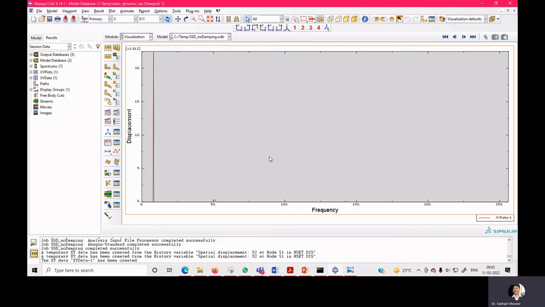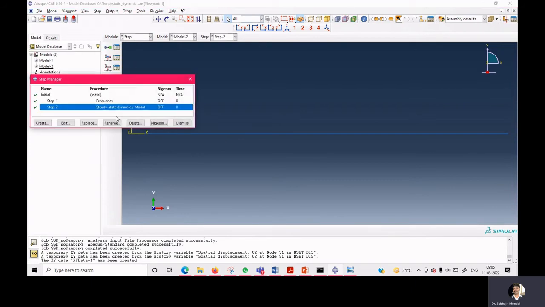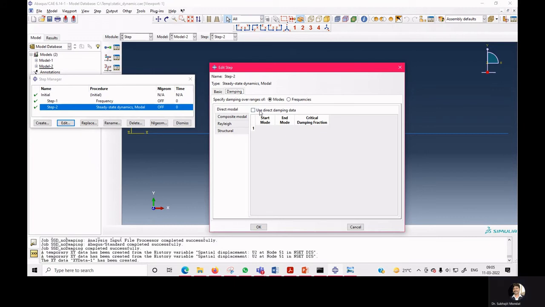Next we are going to introduce damping. So in step 2, here we are going to introduce damping. Here the first mode is 1, and the end mode is fifth, and the critical damping fraction here I am writing as 0.1, or 0.01.